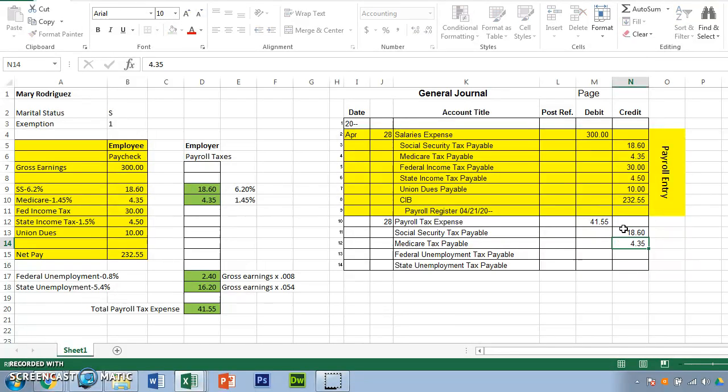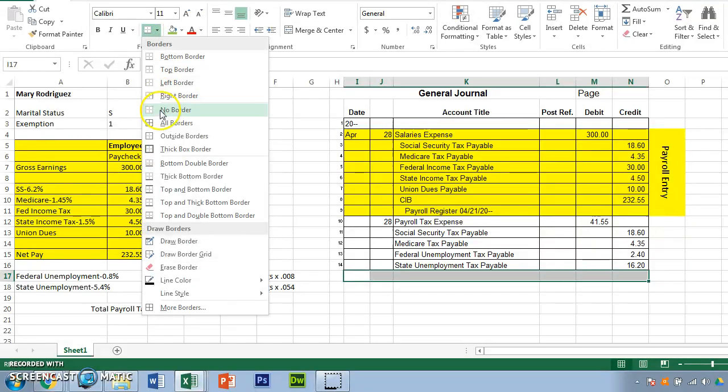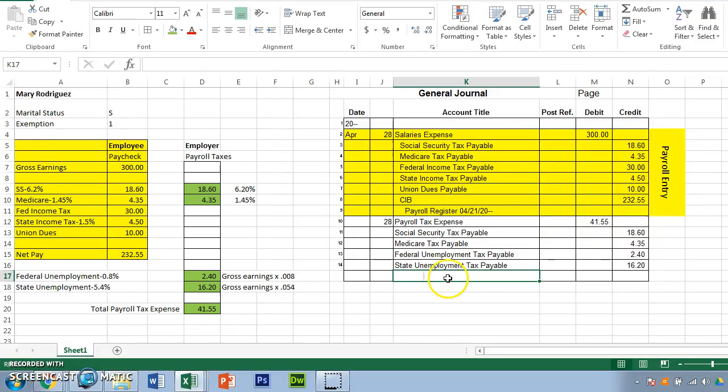18.60. And my debit should equal my credit. Looks like I need one more line in here. One more line. Indent. And this was payroll register 421.